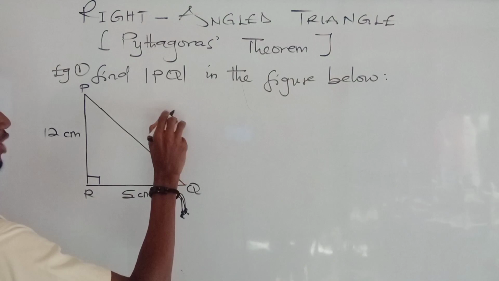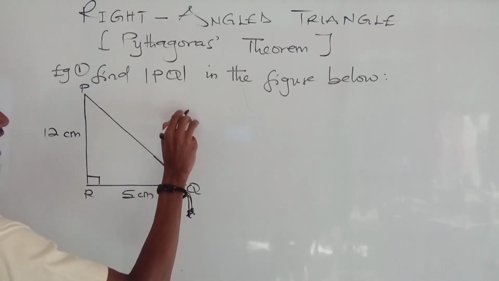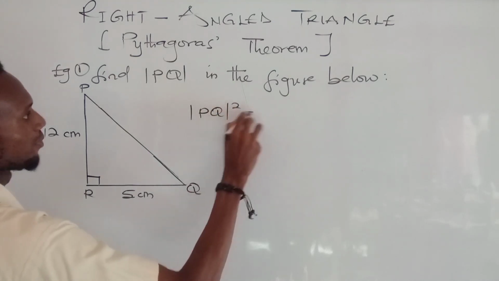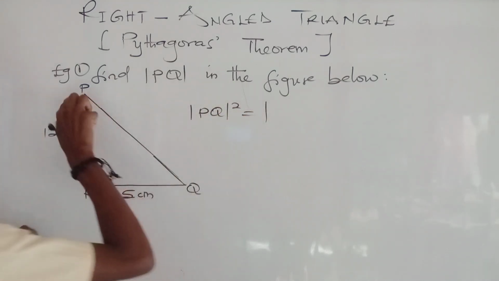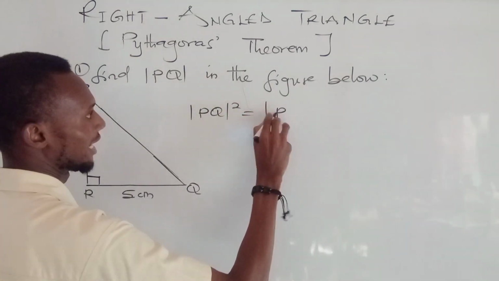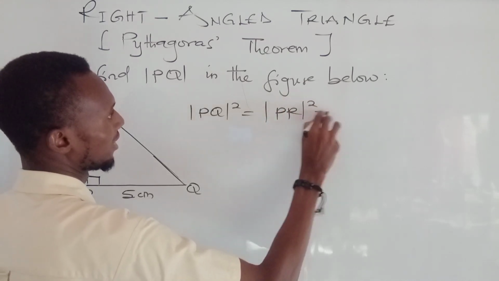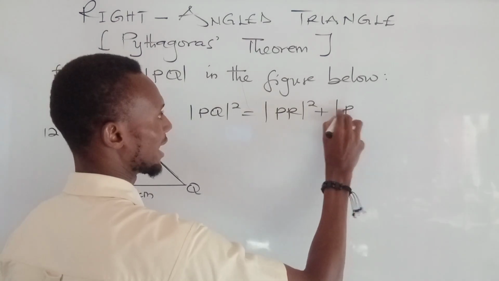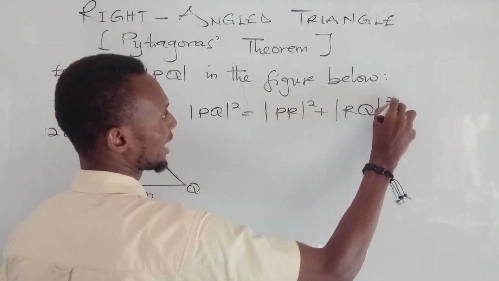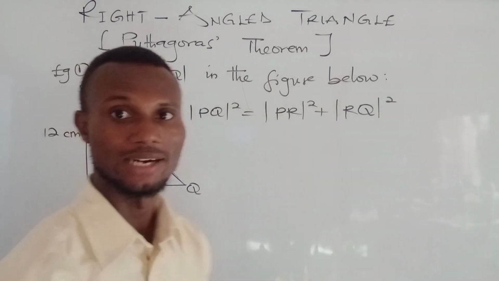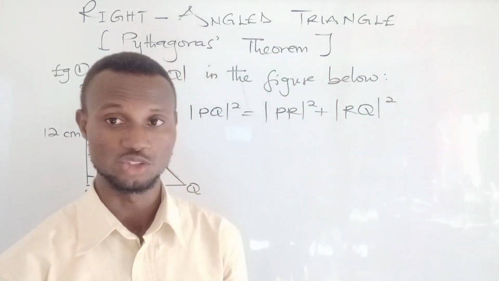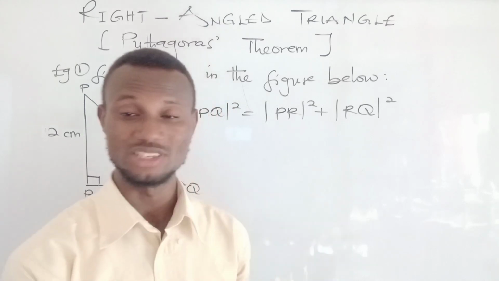So I'm going to have my line PQ squared should be equal to line PR squared plus line RQ squared. I hope you understand and you agree with me. What we need to do next is to just input the values that we have.